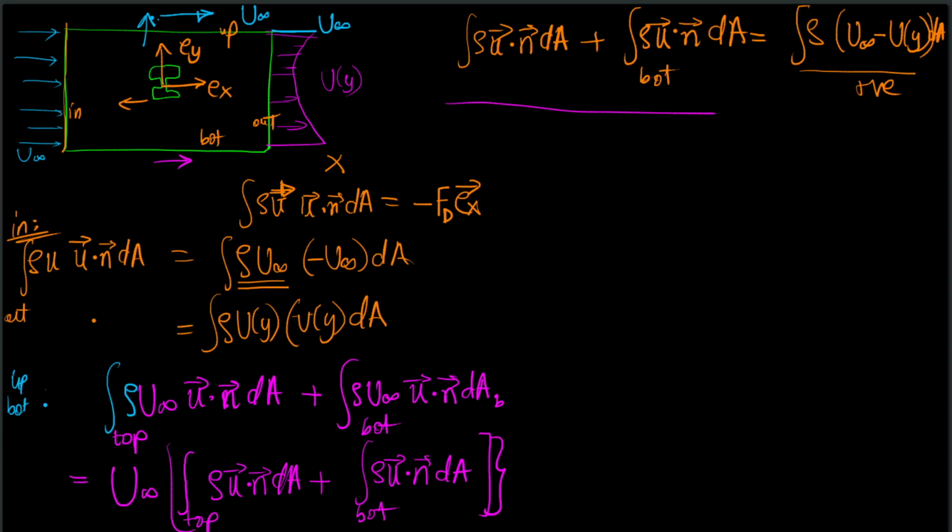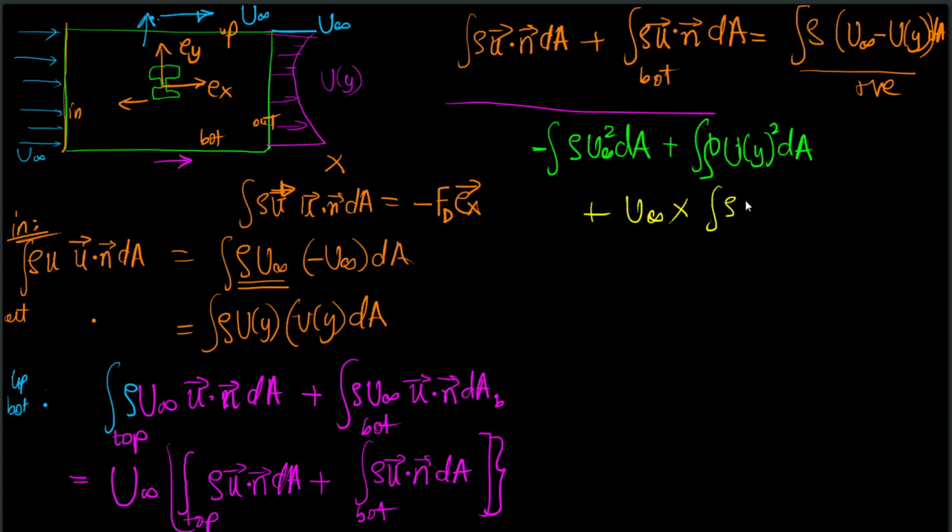So the various terms in the balance on the left hand side will be: the integral of minus rho u infinity square dA, plus rho u as a function of y square dA, plus u infinity times this mass flux, which is equal to this.